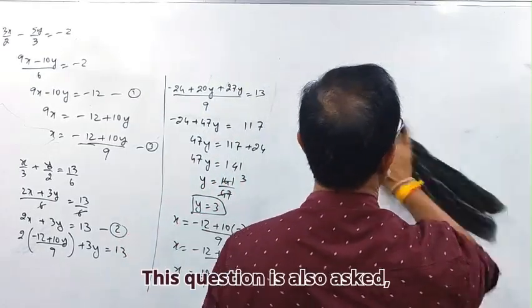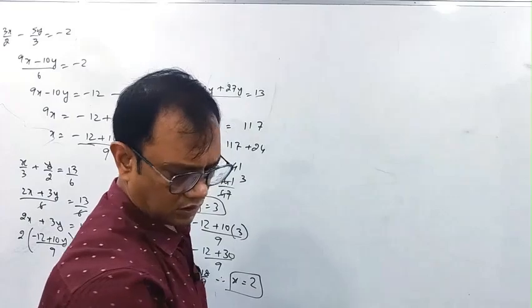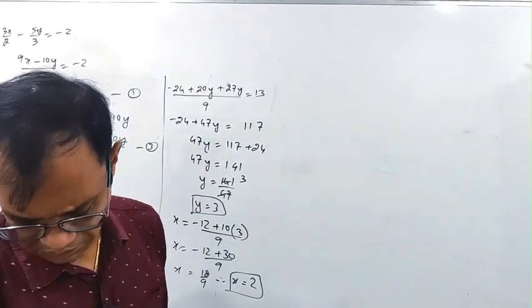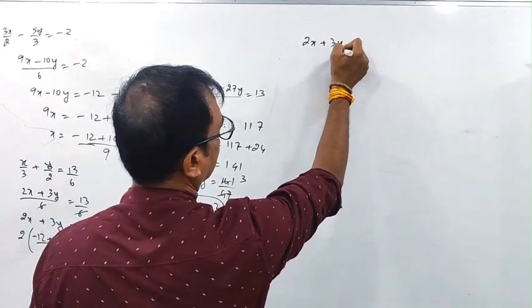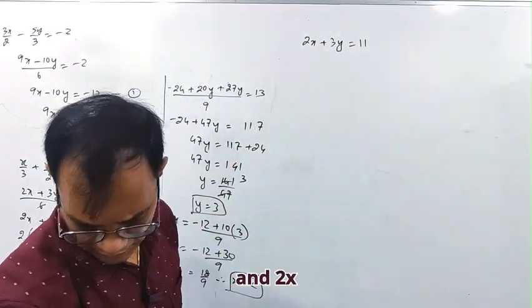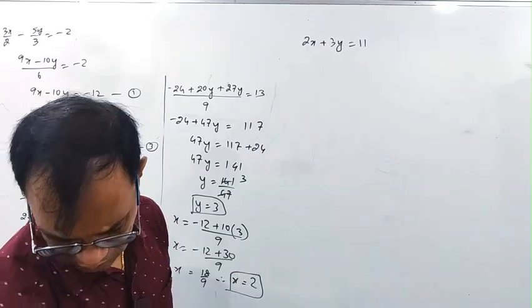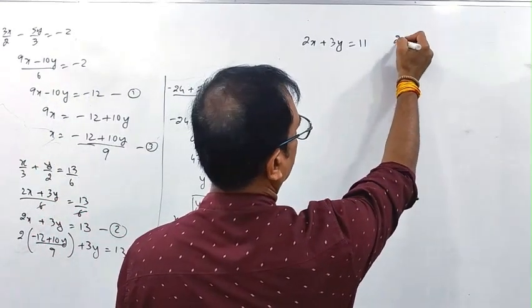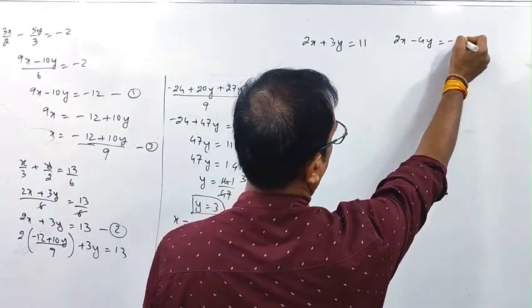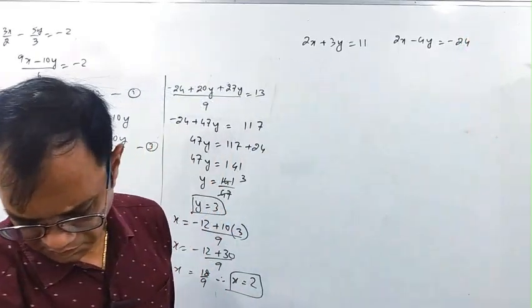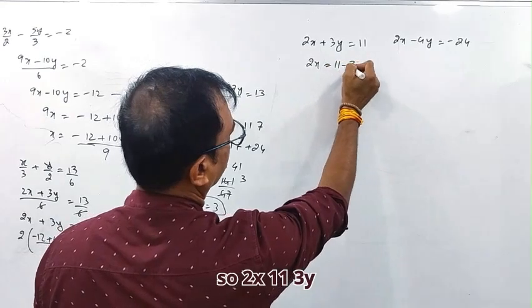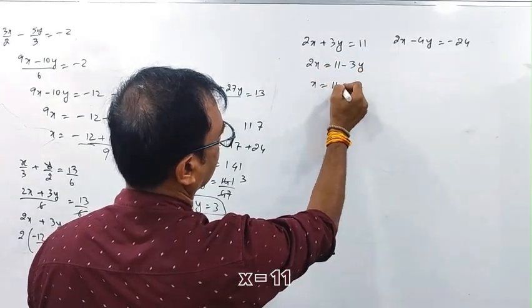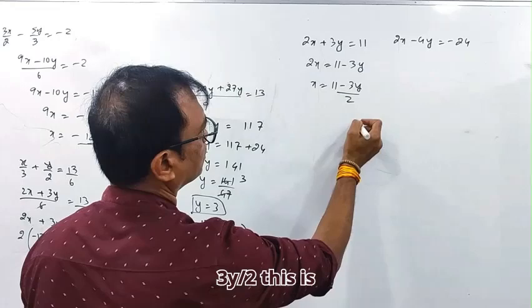This question is also asked. 2x plus 3y equal to 11 and 2x minus 4y equal to minus 24. So 2x equal to 11 minus 3y, x equal to 11 minus 3y upon 2.